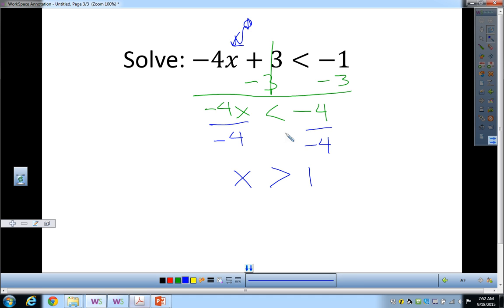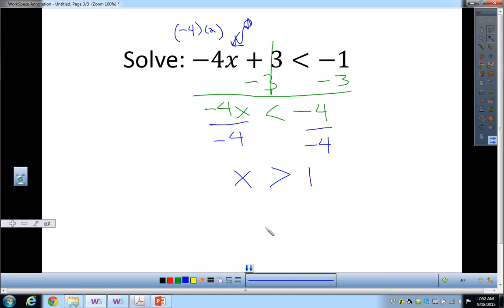What's a number bigger than 1? 2, right? And see if your answer makes sense. Negative 4 times 2 is negative 8. Is negative 8 plus 3 less than negative 1?